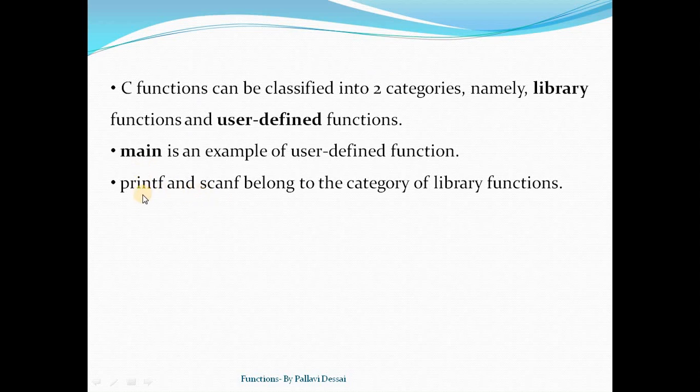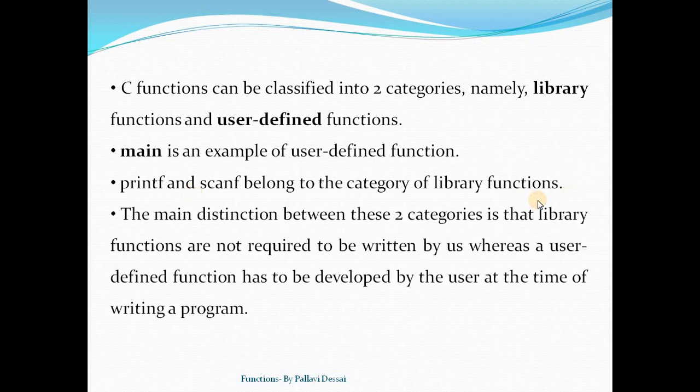So we say that printf and scanf are library functions. The main distinction between these two categories is that library functions are not required to be written by us, whereas a user-defined function has to be developed by the user at the time of writing a program.